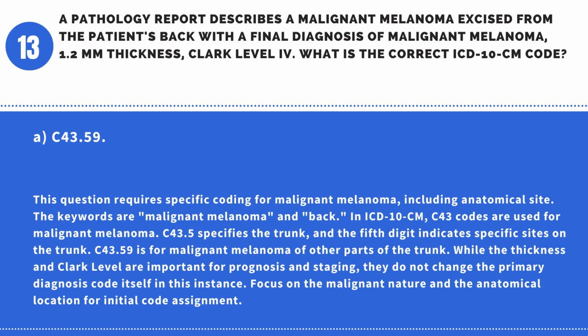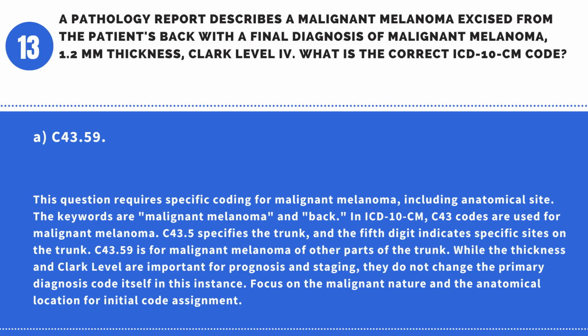Answer A. C43.59. This question requires specific coding for malignant melanoma, including anatomical site. The keywords are malignant melanoma and back. In ICD-10-CM, C43 codes are used for malignant melanoma.